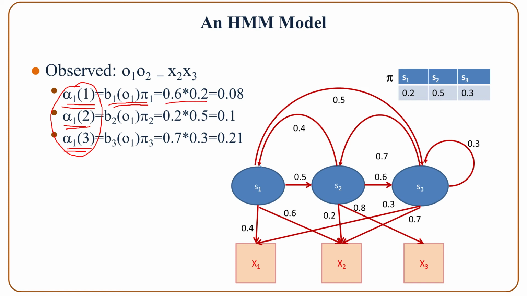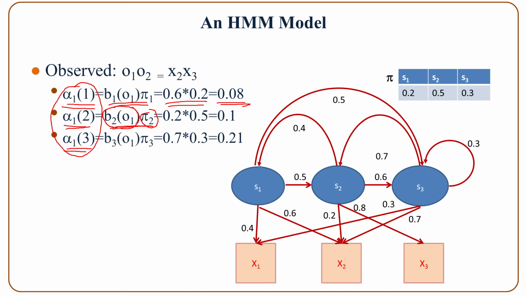And replacing the numbers in, you have this. Similarly, for the second, this is the probability of arriving at state S2 times the probability of being at S2 observing O1.